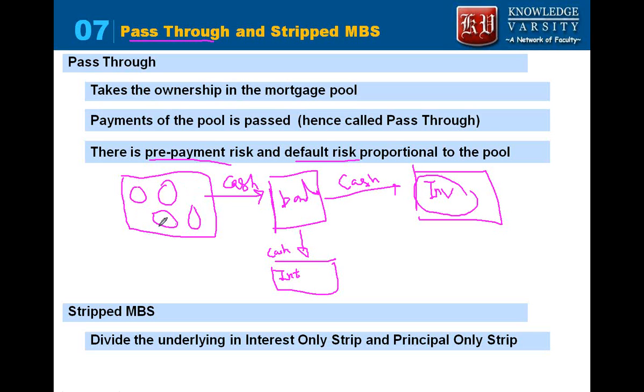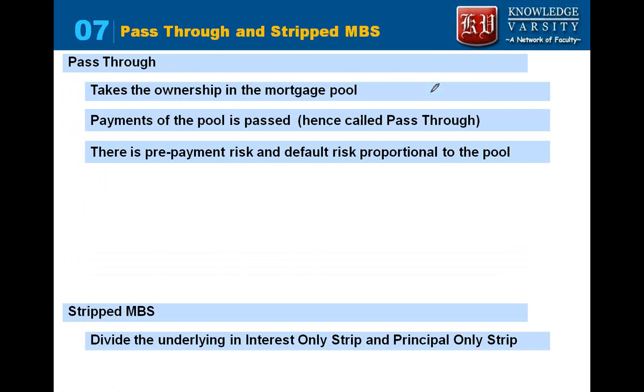Now we know that mortgage is an amortizing loan, so it will pay off principal plus interest plus any extra principal that is being paid. So people have stripped the mortgage backed securities to create what is called stripped mortgage backed securities.